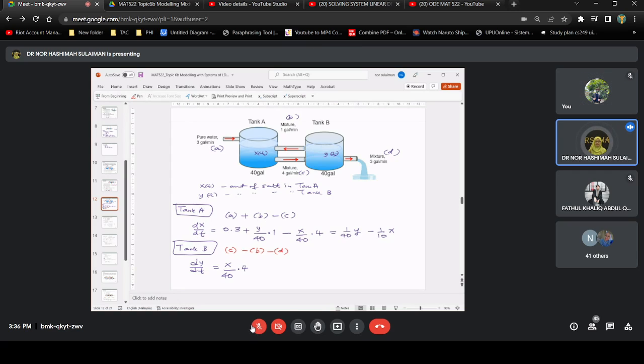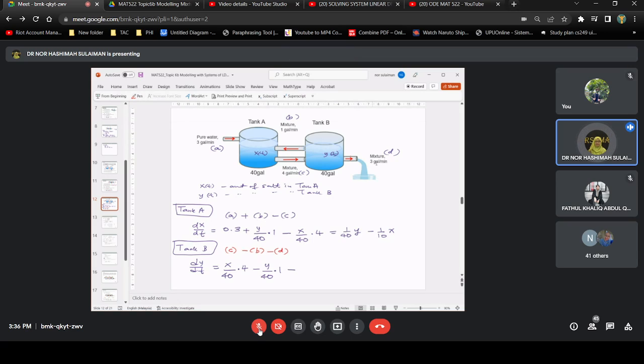Okay, now we talk about B. B goes out from tank B. So what is the concentration of the solution from tank B? It's no longer Y but Y over what? Y over the volume, right? Then multiplied by its rate, 1. Okay, now D.